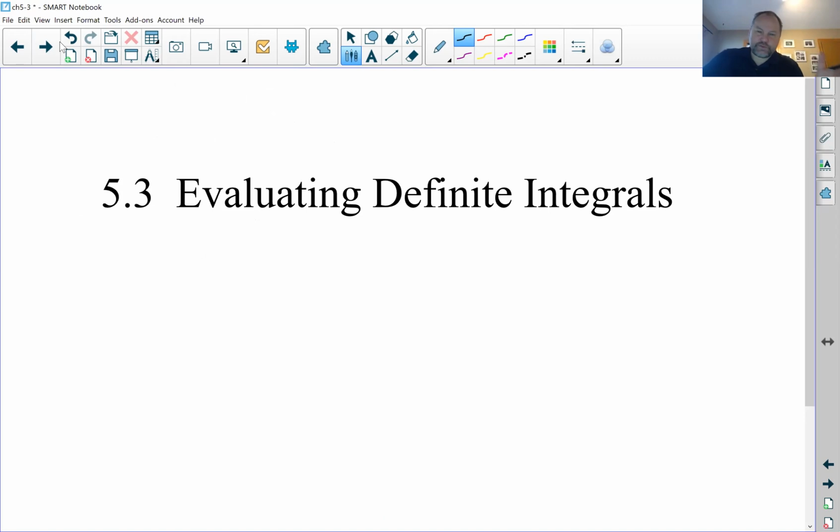Today, I know it's going to disappoint you, we're going to look at the shorter way to do it rather than using rectangles and finding where we're measuring our heights from. So we're going to evaluate definite integrals today.